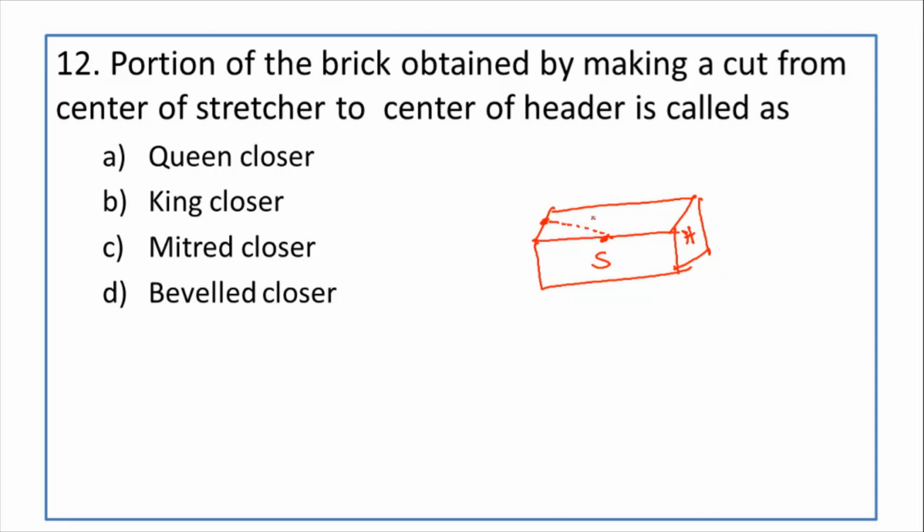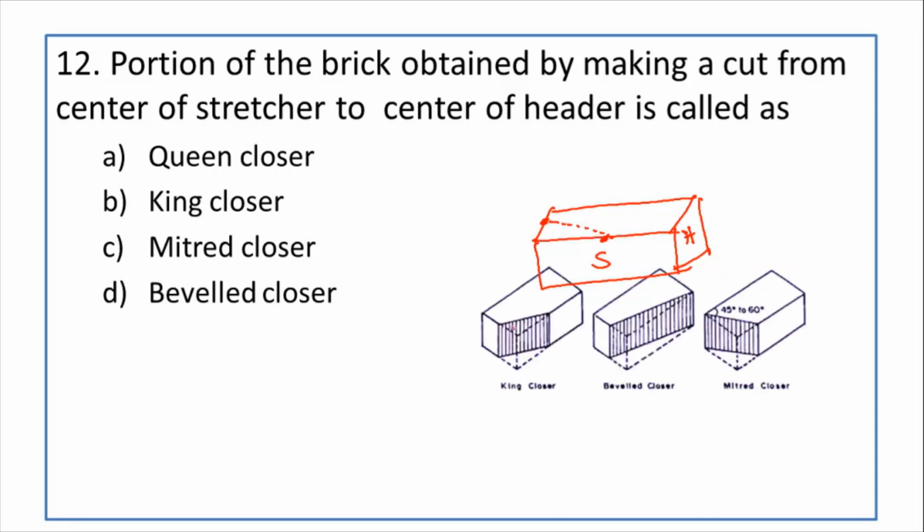If you take a brick, you can cut it like this, that means from the center of the stretcher to the center of the header. This kind of brick portion is called a king closure.